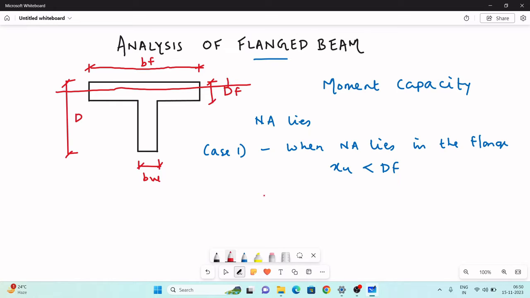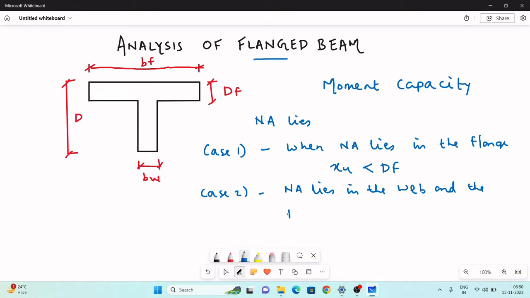Case number two will be when the neutral axis lies in the web, and the design is balanced. Case number three is when the neutral axis lies in the web, and the design is under reinforced.